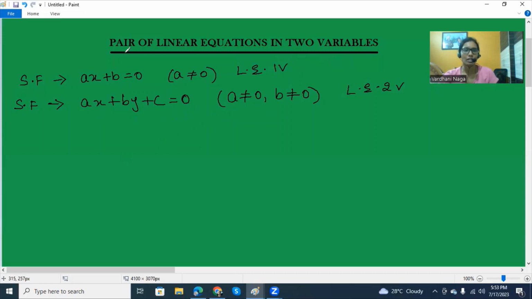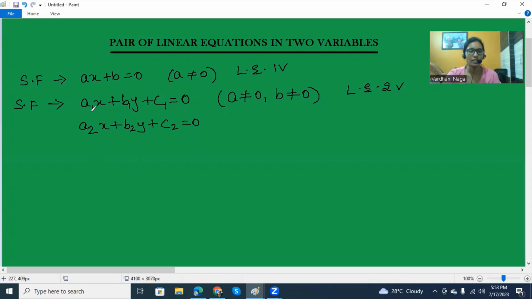Next, in the heading, we observe pair of linear equations in two variables. Pair means we need two equations. So let us consider a1x plus b1y plus c1 is equal to 0, one equation. Another one is a2x plus b2y plus c2 is equal to 0, another equation.